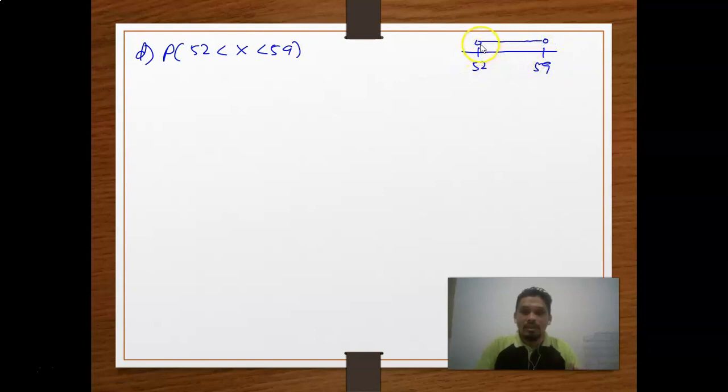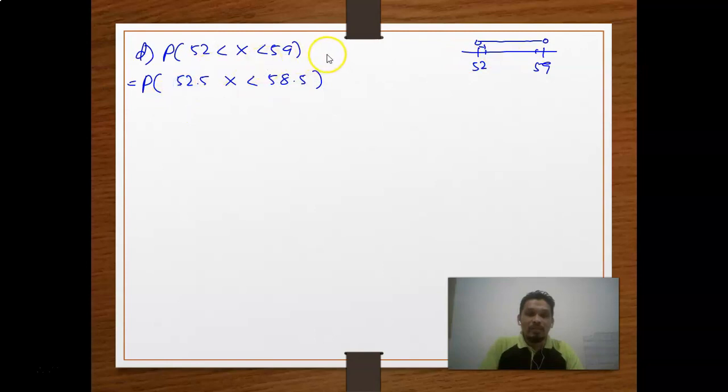This does not include 52, so we take 0.5 step forward to the right. And this does not include 59, so we take 0.5 backward here. Then 52 plus 0.5 is 52.5, and 59 minus 0.5 gives you 58.5.